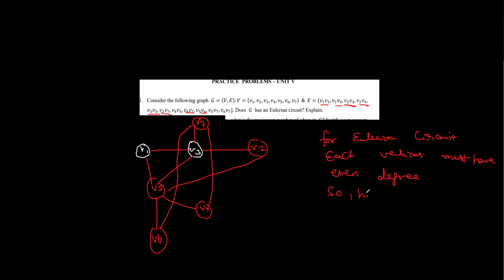So here V7 has degree 3, meaning odd degree. Yes, V5 also has degree 5, also odd degree, right? You can write odd degree.